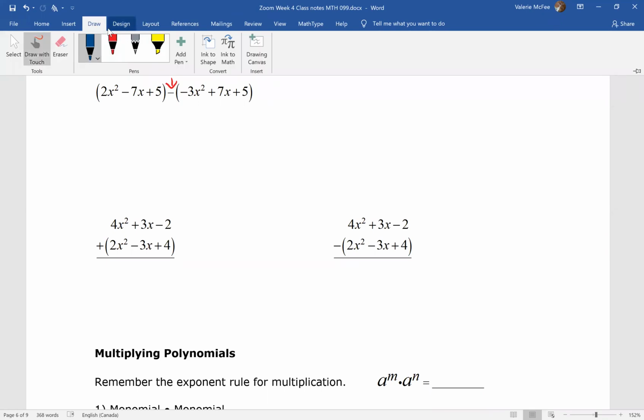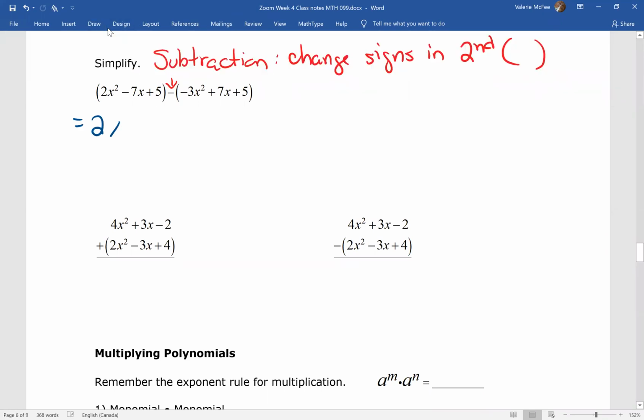So the first bracket stays the same, 2x squared minus 7x plus 5. But if you think of that as a negative 1 multiplying across the bracket using the distributive property, we're going to have plus 3x squared minus 7x minus 5. Notice that I changed all of the signs in the second bracket.